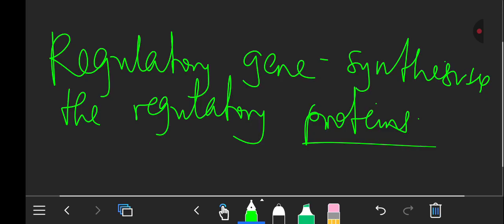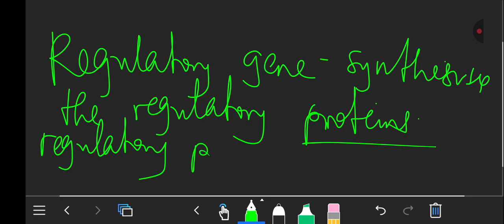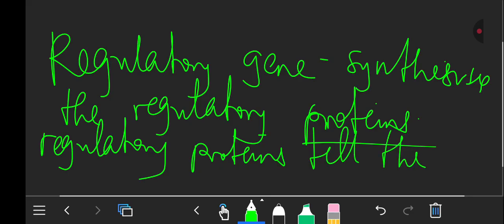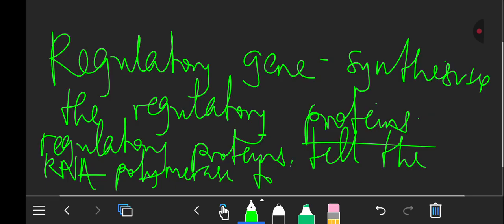Now, what is the importance of this regulatory protein? This regulatory protein is now able to tell the RNA polymerase to bind to the regulatory sequence.